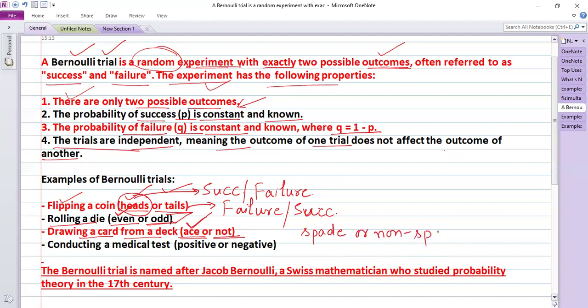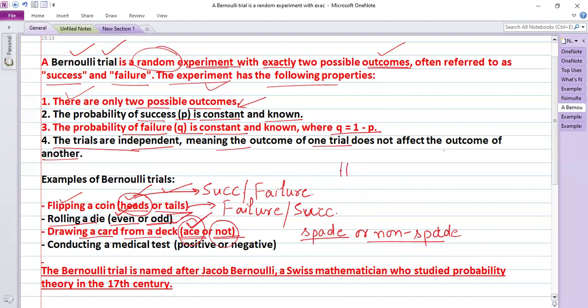So there are many ways to define these two outcomes as success and failure. If we get an ace, we call it our success, and if it is non-ace, then it is our failure, or vice versa.